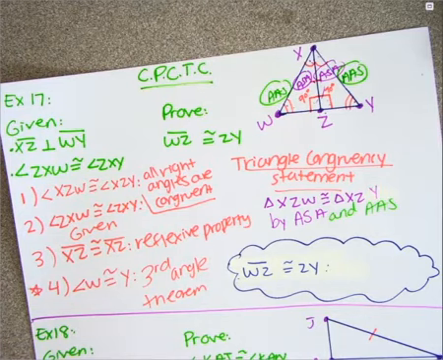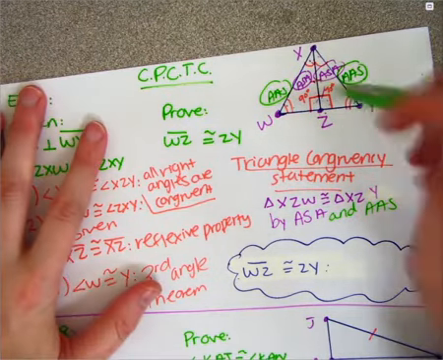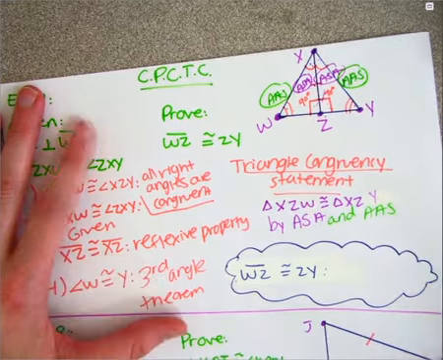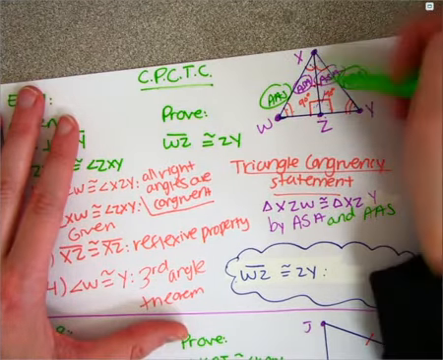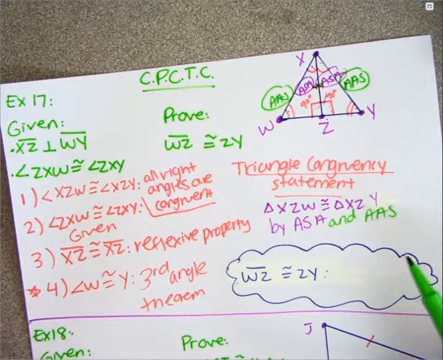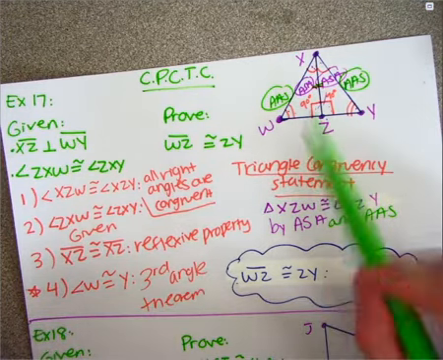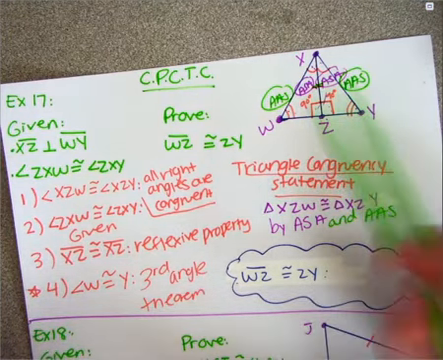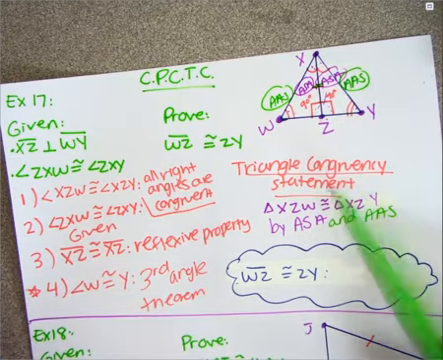Okay, so I now know that these two triangles are congruent. I have shown that three of the angles and one of the sides is congruent to prove the triangles are congruent. So now that I know my two triangles are congruent, every other side and angle that I did not mark congruent in my picture now has to be congruent.